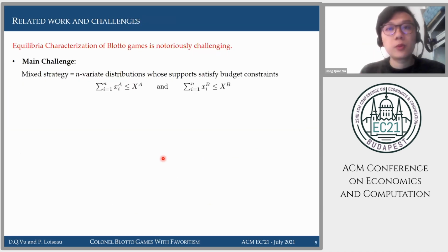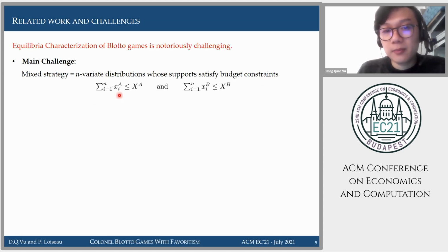So first, let me do a quick literature review. Characterizing the equilibrium of the Blotto game is notoriously challenging. The main difficulty is that the mixed strategy in this game is an n-variate distribution, such that any pure strategy drawn from this mixed strategy has to satisfy the budget constraint.